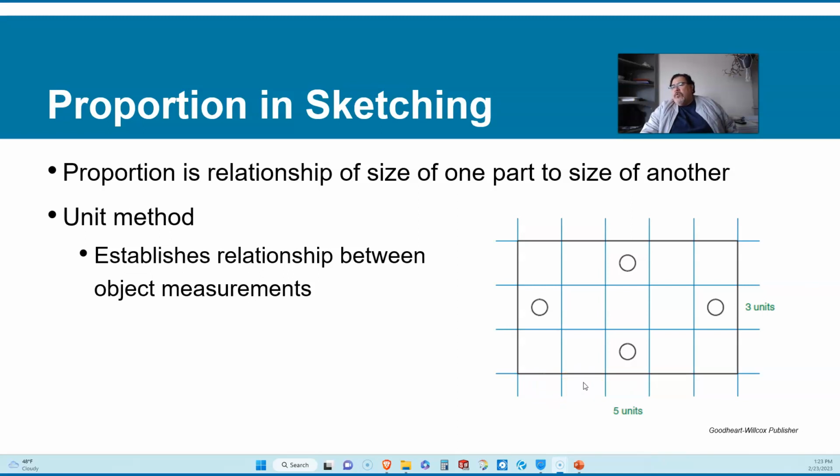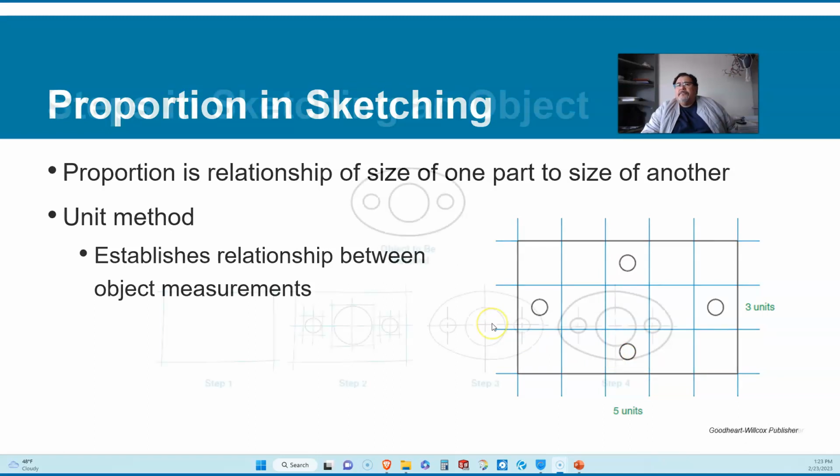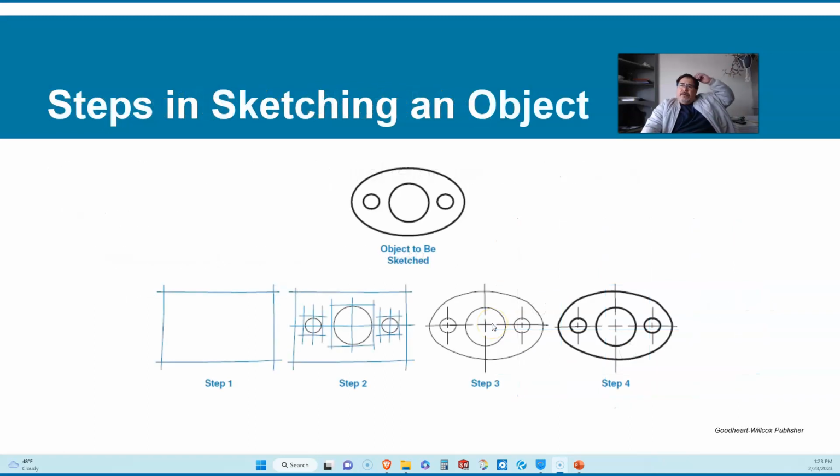So we got 5 in one direction, 3 in another direction. And then we start spacing them using that same concept of unit spacing. So here we've got a relationship of 3 circles located within a rectangular space that ends up being an elliptical space.